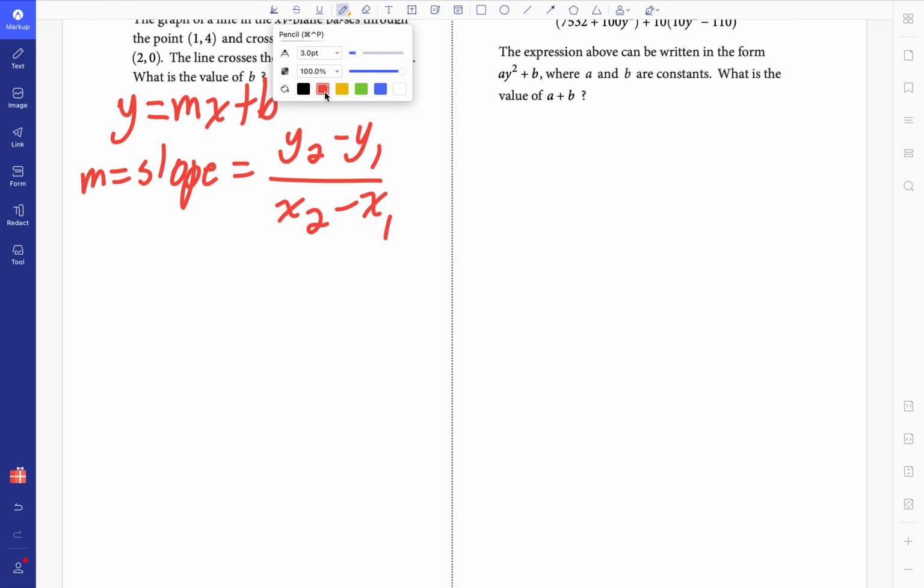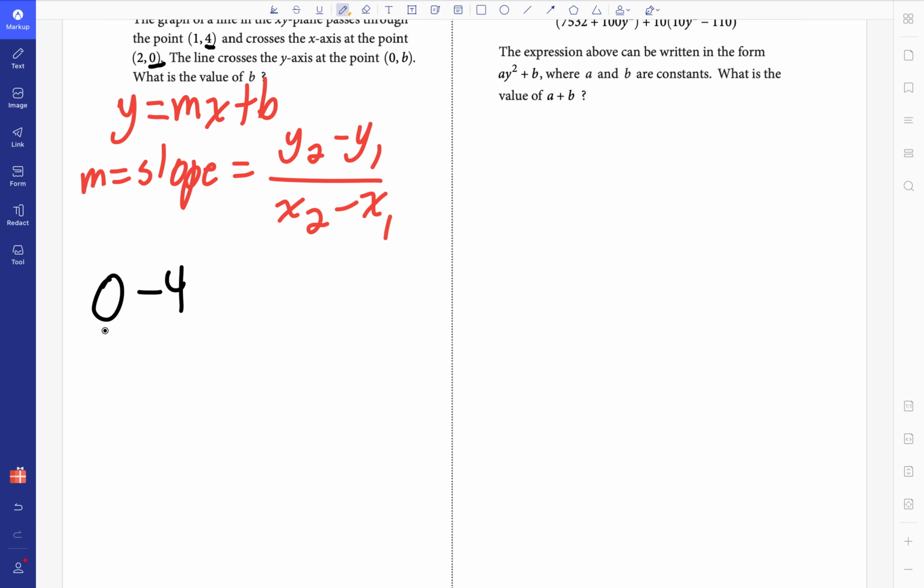Let's do it in black. So my y2 is 0, this is my y1, 4, so 0 minus 4 over my x2, which is 2, minus my x1, which is 1, equals negative 4 over 1, which equals negative 4. So I know that the slope of my equation is negative 4.